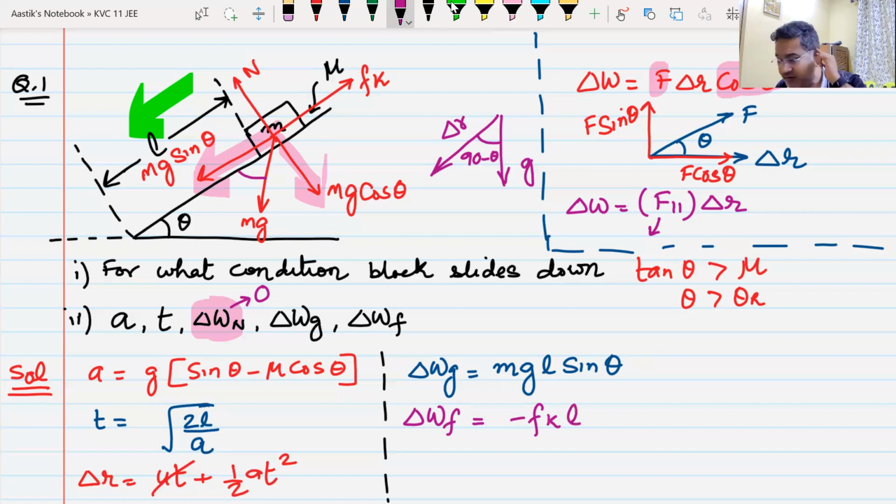Why minus? Because the angle between Fk and displacement: Fk is backwards and displacement is forwards. So it is minus Fk into L. How much is Fk? That is the next question, and we have done it 10,000 times.